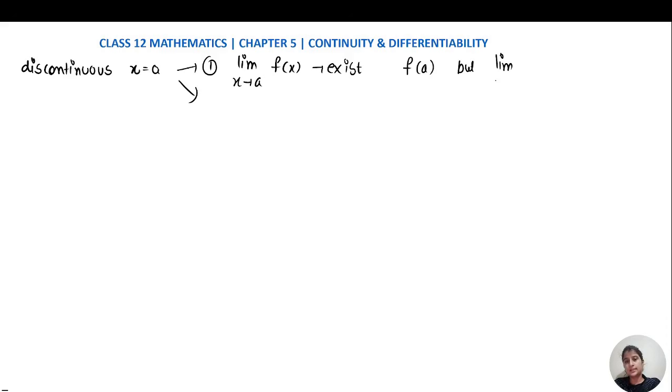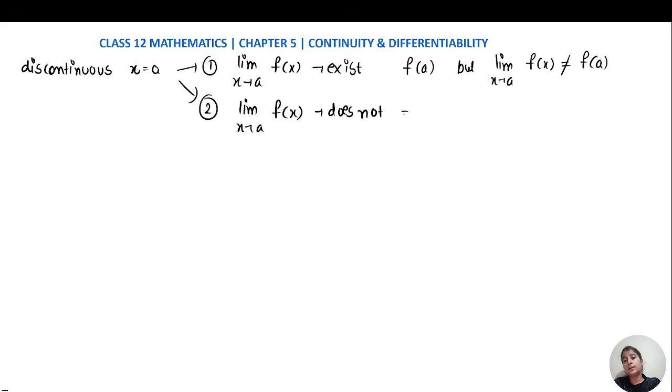That means limit x tends to a of f(x) is not equal to f(a). This is one possibility when we say that our function is not continuous, or discontinuous, at a. Another possibility is that the limit does not exist. That means limit x tends to a of f(x) does not exist.